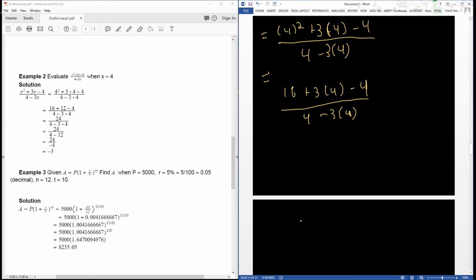Let's simplify it further. So take care of the exponent and multiplication. So I'm going to have 16 plus 3 times 4 is 12, minus 4, over 4 minus 3 times 4. So addition and subtraction in the numerator, we end up with 24 here. 16 plus 12 is 28, minus 4 is 24.